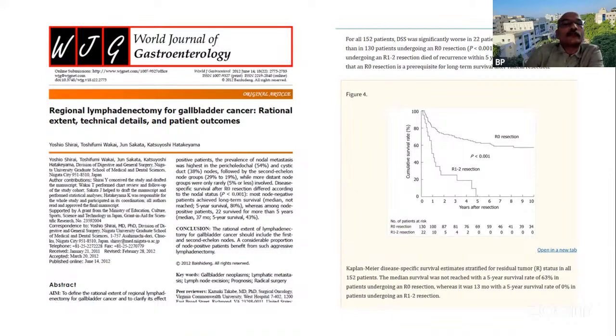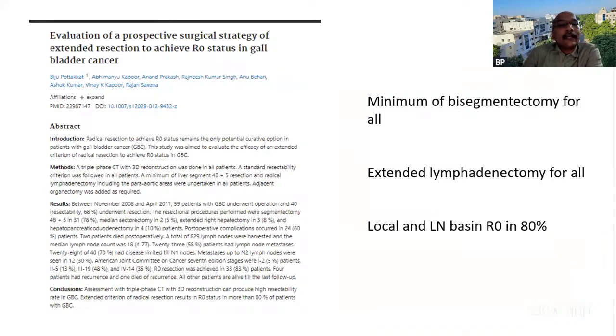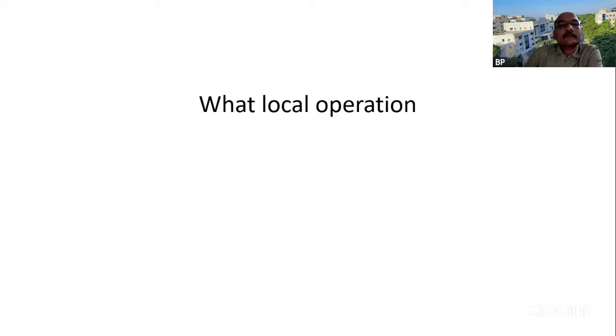That is not going to work. That's why we once advocated a minimum bisegmentectomy for all and extended lymphadenectomy, and through this strategy, on both the local and lymph node basis, R0 might reach even up to 80%.